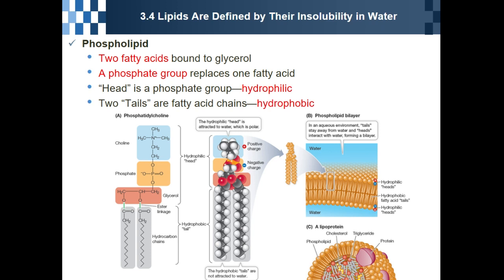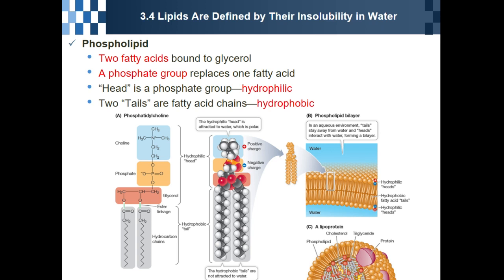This linkage we call an ester linkage. And after that, instead of a fatty acid, a phosphate group binds to the glycerol. The phosphate group can replace 1 fatty acid. So this becomes the head, and this becomes the tail.